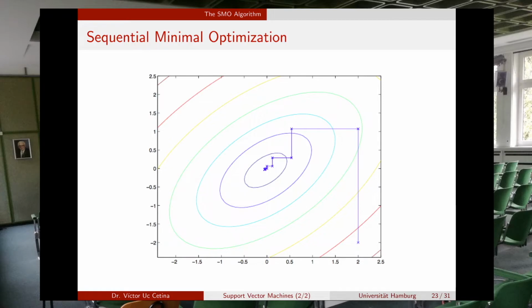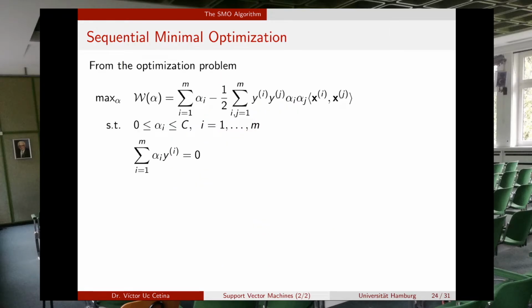The problem is that we have these constraints here. First, this alpha should be smaller than c. But at this point, the most important constraint is this one, in which we say if you sum the products of alphas and y's for every point in your data set, the result of that sum should be 0.